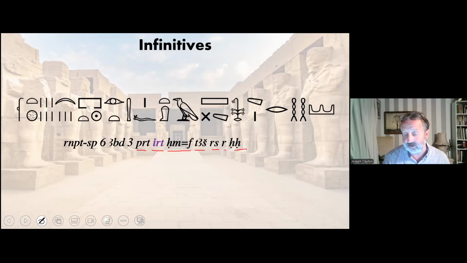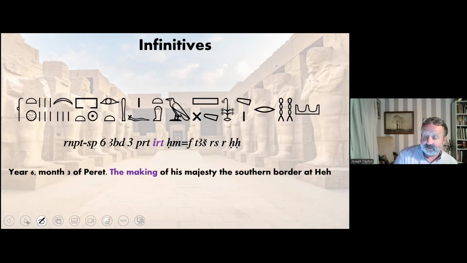So that's describing the boundary because it follows it. So the southern boundary at heck, and heck is the name of the place. Heck is actually Semna Fortress, which is down in Nubia. Right, so the making of His Majesty, the southern border at heck.